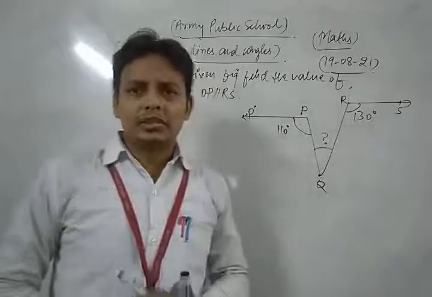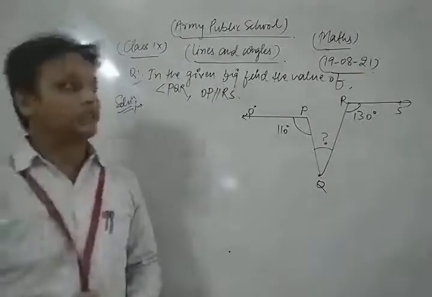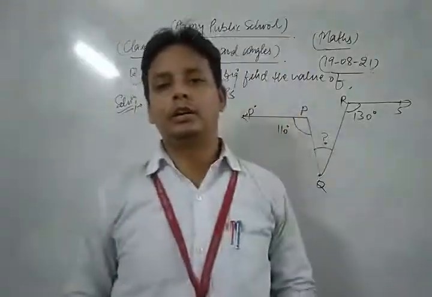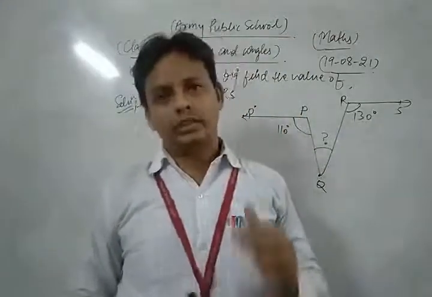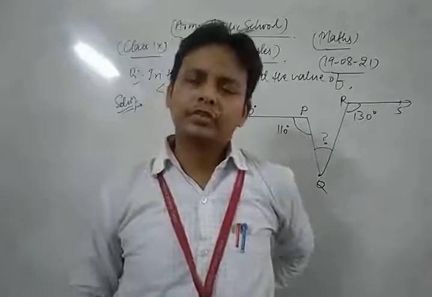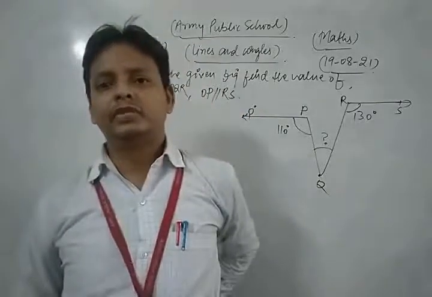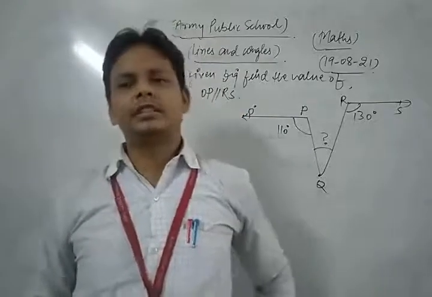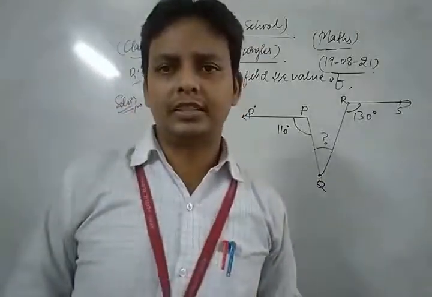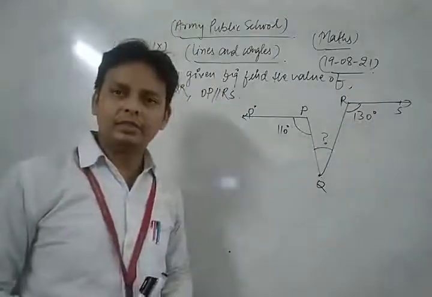Dear students, what is the process to solve these questions? Look, the main method is that first of all we have to do some construction. We have just revised this chapter and solved these types of questions many times, but this is a revision of the syllabus.